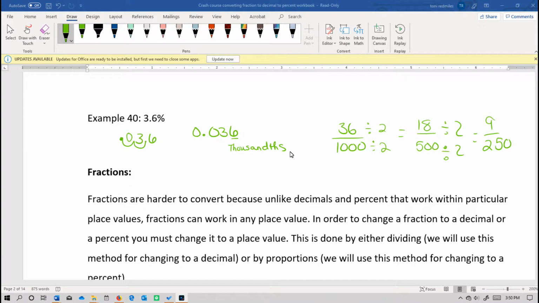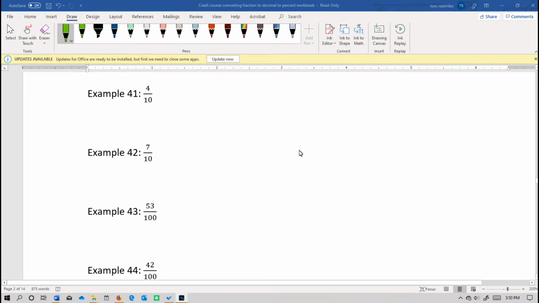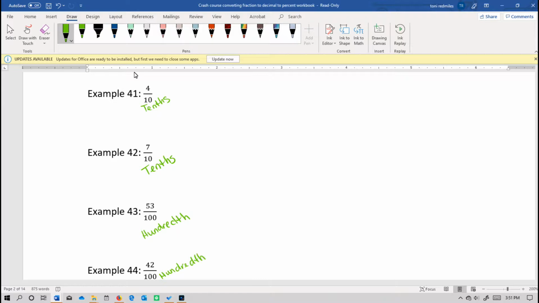We only have a few more examples to go before we get to the chart. In these types, we can quickly see what they are, because look, these are decimal place values. This is tenths. This is tenths. This is hundredths. This is also hundredths. So I can just put these in the decimal place that they belong in.